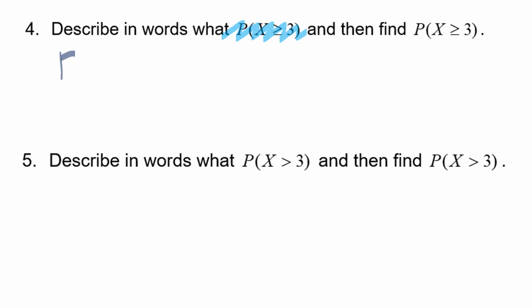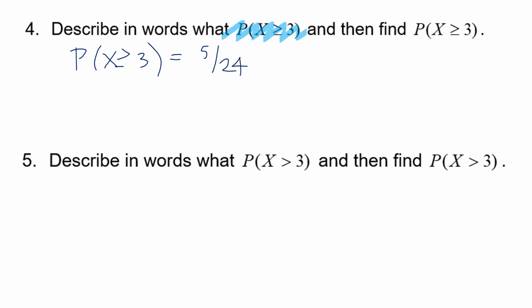If I am trying to actually find the probability x is greater than or equal to 3, I would just go back to my table there, and I would just add all of the fractions that are 3 or more.